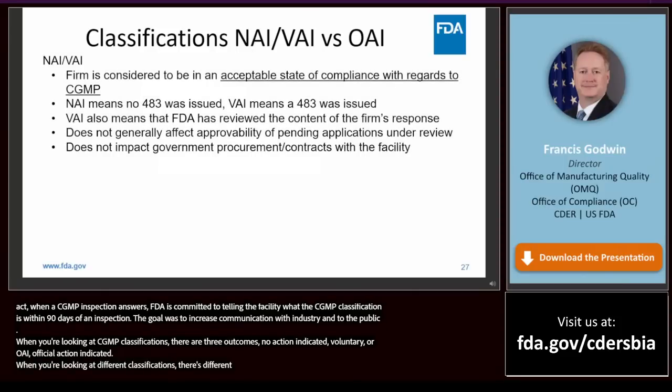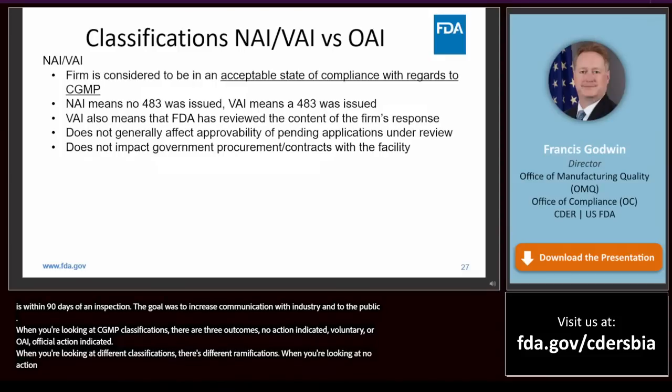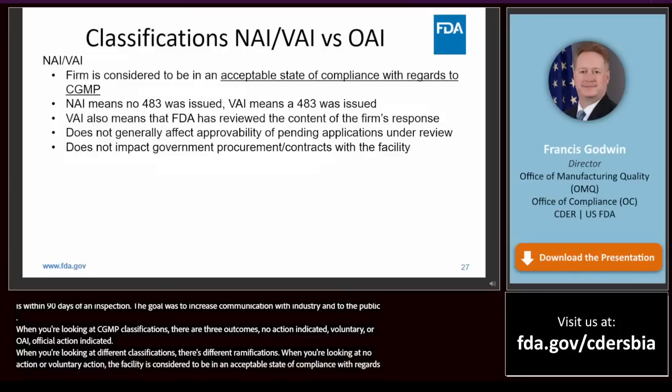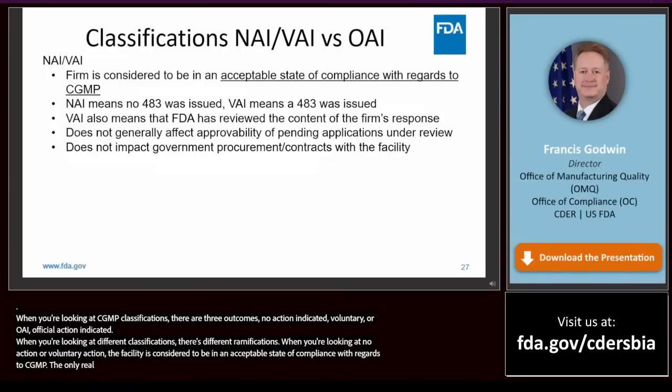When you're looking at no action indicated and voluntary action indicated, or NAI, VAI, for these classifications, the facility that was inspected is considered to be in an acceptable state of compliance with regards to CGMP. The only real difference between an NAI and a VAI is whether a 483 was issued, where an NAI inspection means that no 483 was issued, and a VAI means that a 483 was.